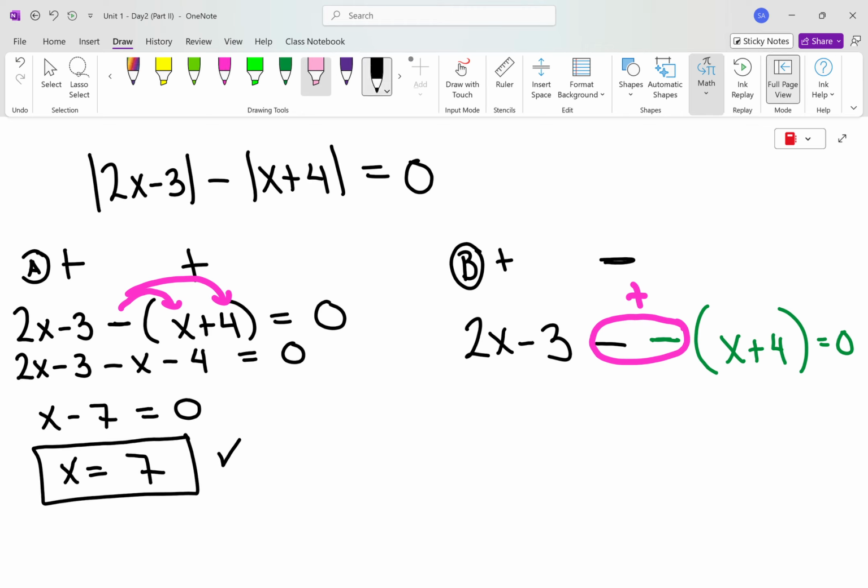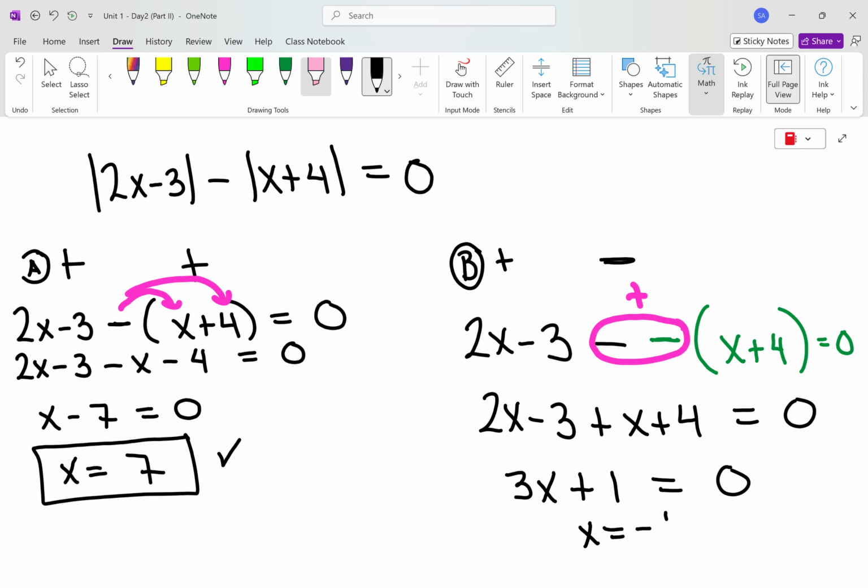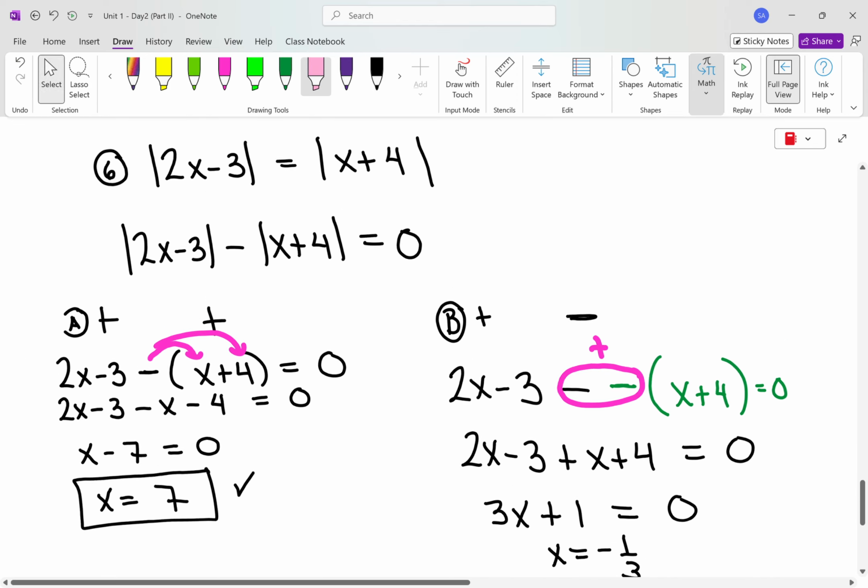And what happens when you have a double negative? It becomes a positive. So now we are 2x minus 3 plus x plus 4 equals 0. So we're going to have 3x plus 1 equals 0. We will get x equals negative 1/3.